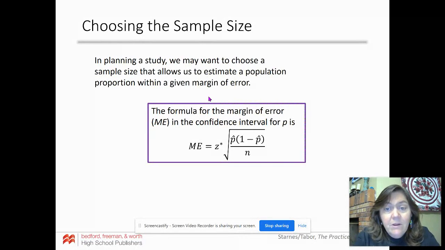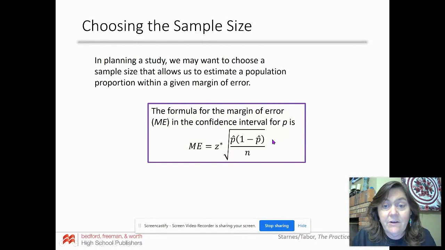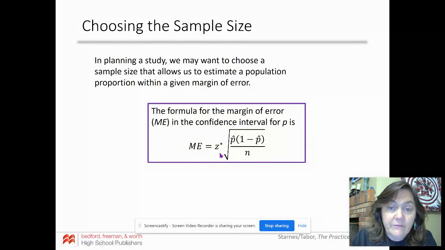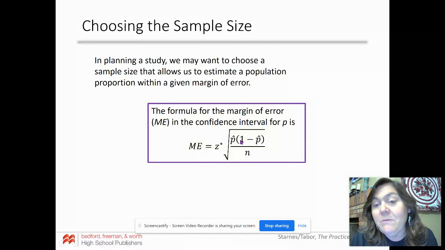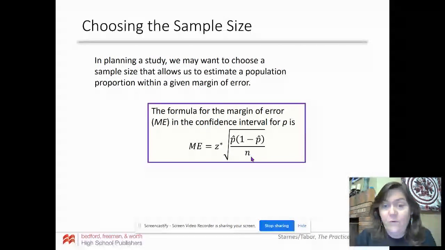Remember that the margin of error formula is the critical value, whatever z star is for 90, 95, 99, times our standard error. So if we know what margin of error we want for our confidence interval, and maybe we know what p-hat is, but we don't know n, then we can plug everything else in here and solve for n.